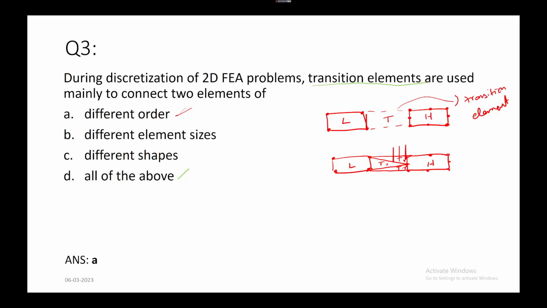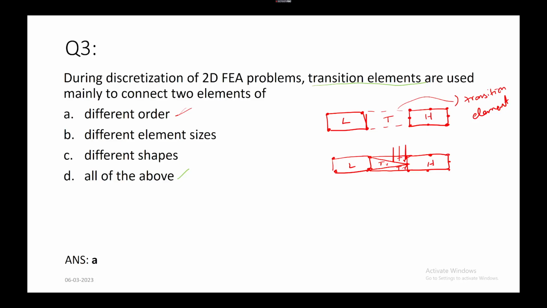So here, although there is some transition, the transition is done using the regular element, not a different transition type of element. So is there any doubt in what I explained? No problem, sir. So both the cases we saw, but the first case is only related to the transition element. The second case is the linear triangular element like this. Okay, so we will go to the next question.